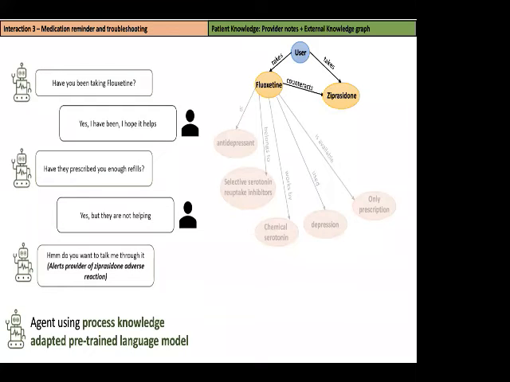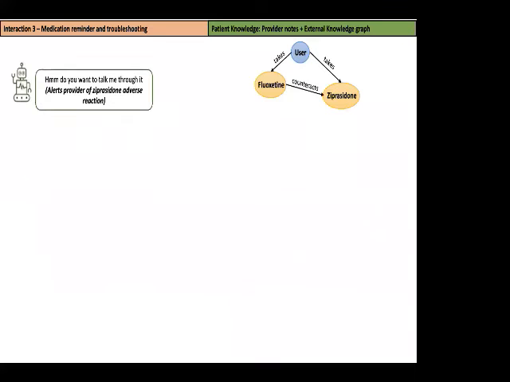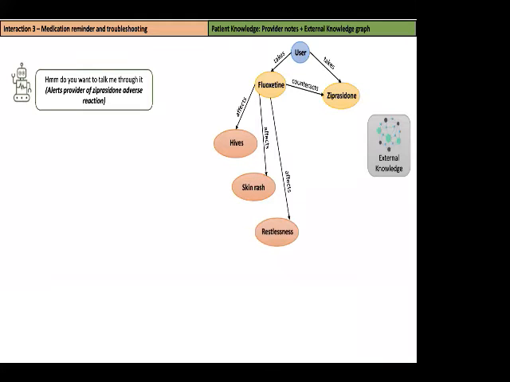It's not a medical expert, so it just continues the conversation. Continuing on with fluoxetine's external knowledge are its various side effects. The next line of conversation, because they said that it does not help me, is to investigate further.